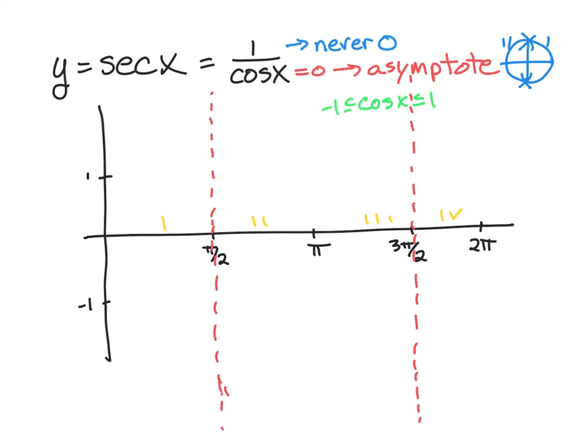Now, what happens at the beginning, the middle, and the end where the cosine equals 1 or minus 1? Well, 1 over 1 is 1. 1 over minus 1 is minus 1. So, at the beginning, the cosine is positive 1. 1 over 1 is 1.